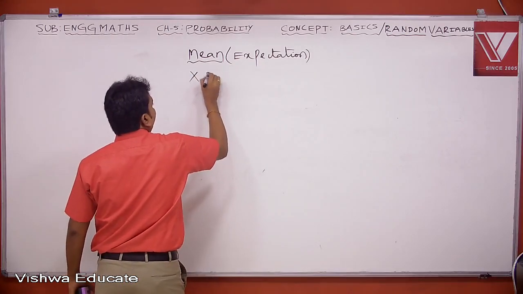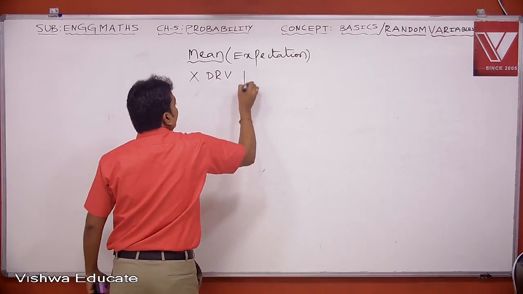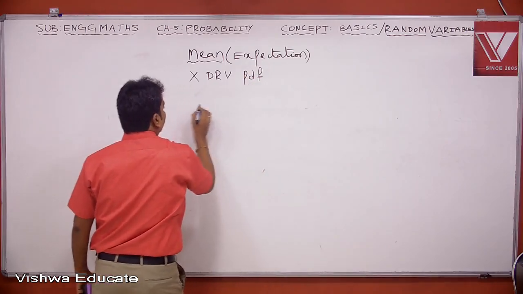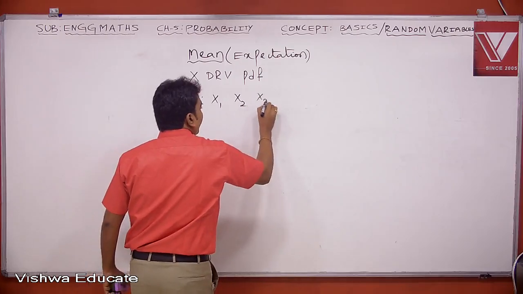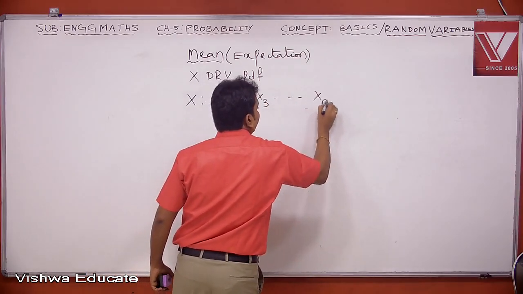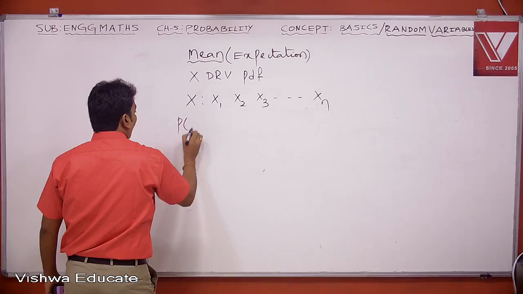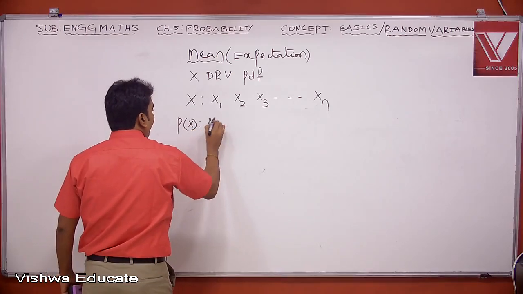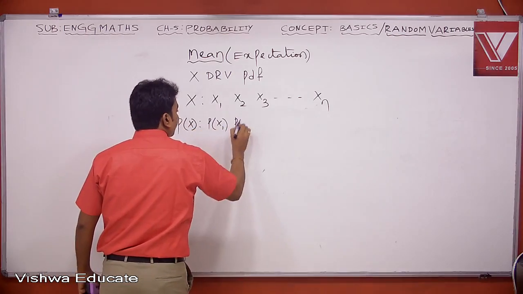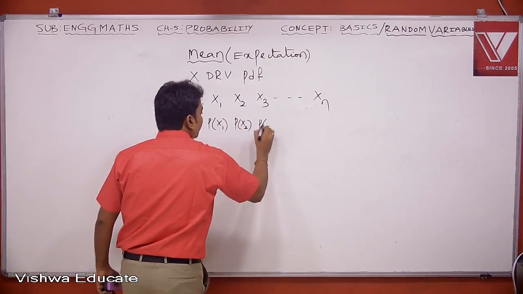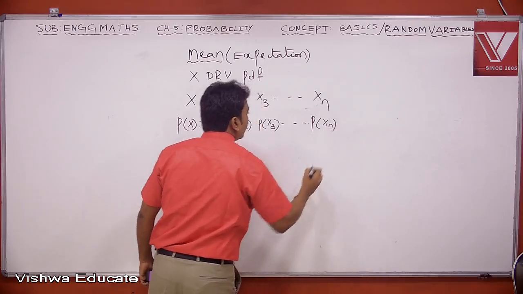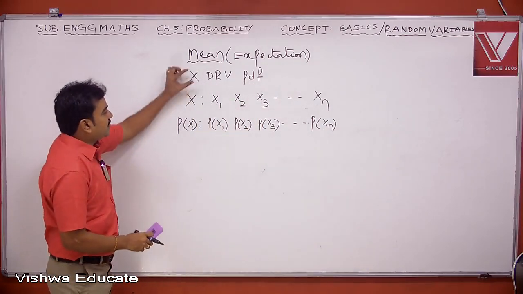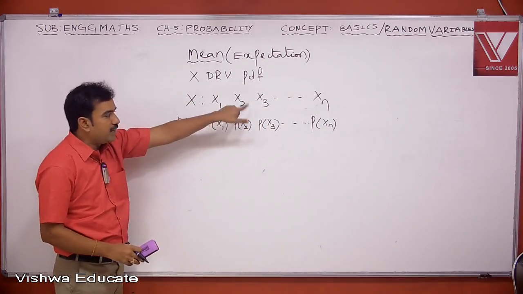Suppose x is a discrete random variable with a PDF like this, a probability distribution function. The random variable x values are x1, x2, x3 and so on up to xn. The corresponding probabilities are p of x1, p of x2, p of x3 and so on up to p of xn. So here x is a discrete random variable whose PDF is given like this.